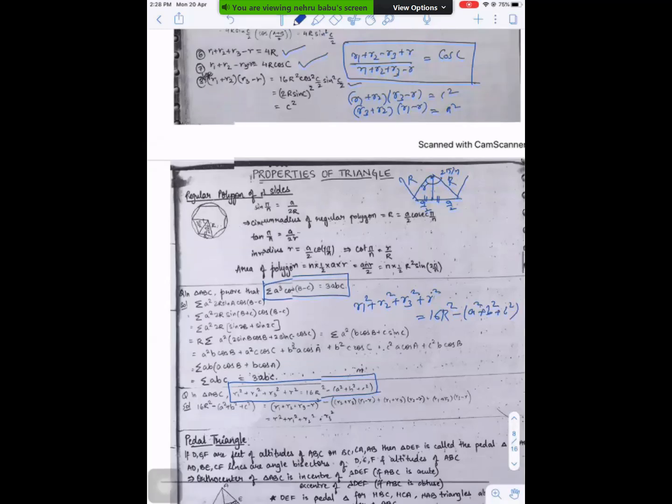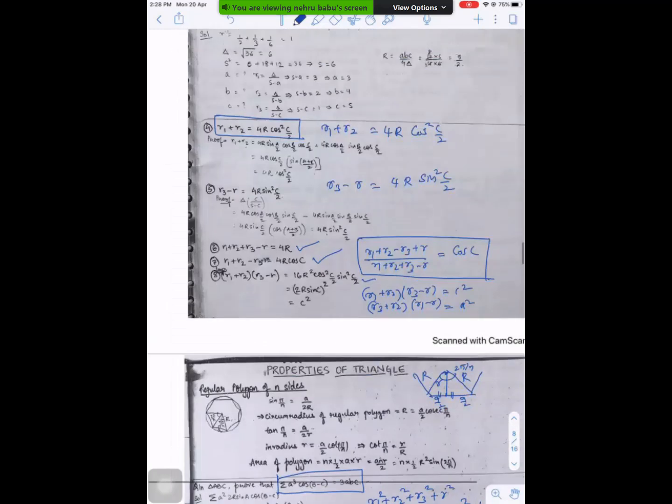In these notes the proof is not there, but the idea for this proof is the same. It uses R1 plus R2 and R3 minus R, these two results. Just take square and add.